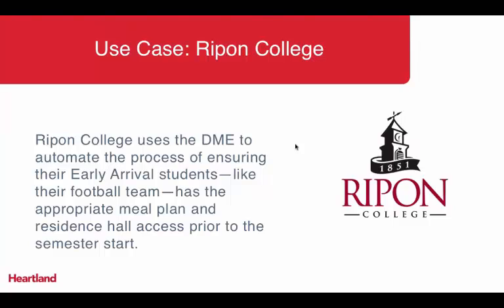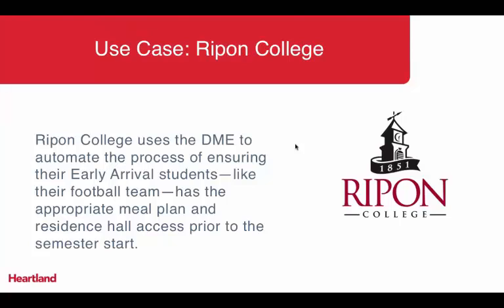What Ripon College is doing is they're using the DME to automate the process of early arrivals for issuing meal plans. So let's say their athletic teams, like the football team, comes in early for training before the fall semester begins. This allows them to add the appropriate meal plan and residence hall access prior to the semester start in a non-manual basis, in an automated fashion.